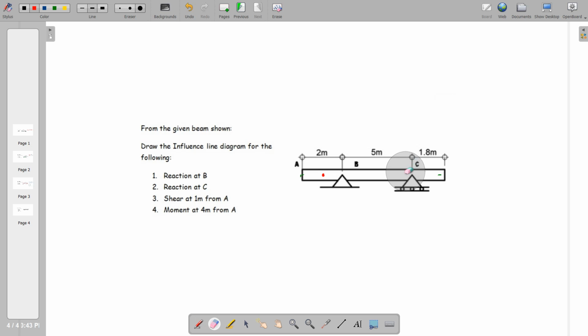But this one is a different scenario because we have here an overhang, or in short, this portion is not enclosed by two support reactions. So basically, we do not treat this as applying the rule that this is going downwards and then this is upwards.